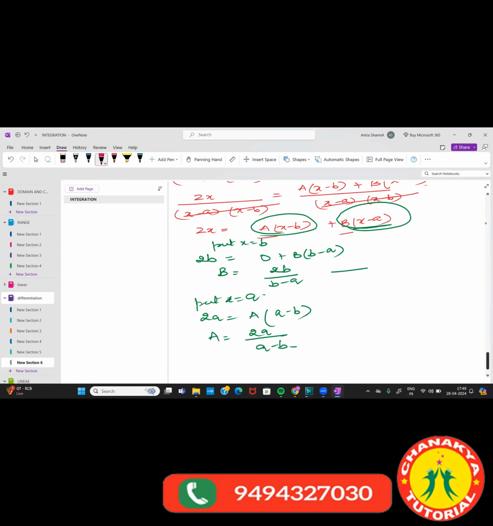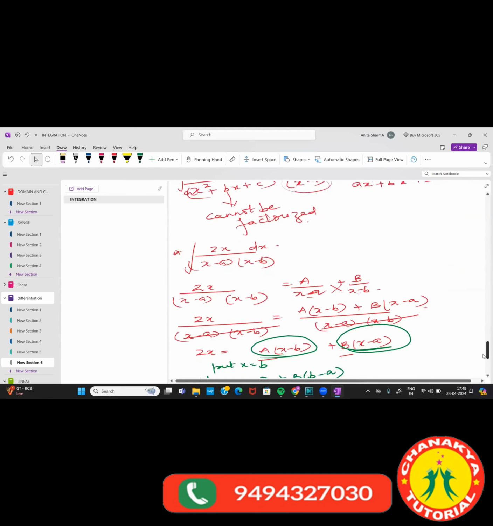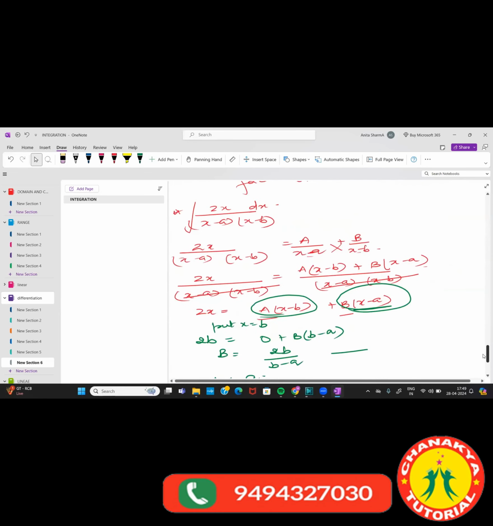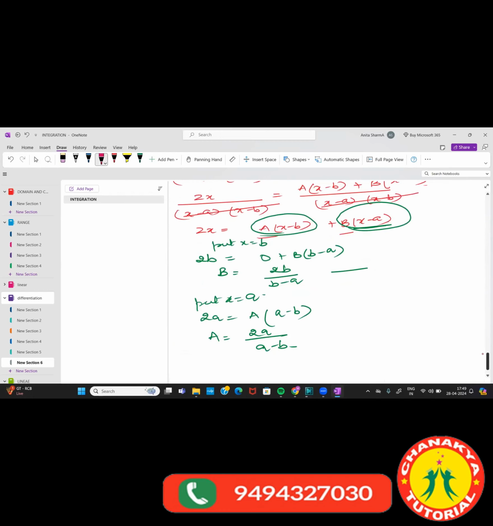Okay. Now in the next step, what you have to do is just put the values of A and B here in this equation.